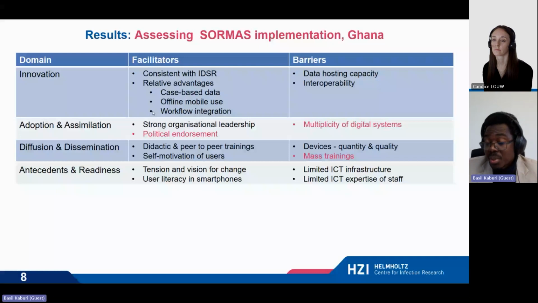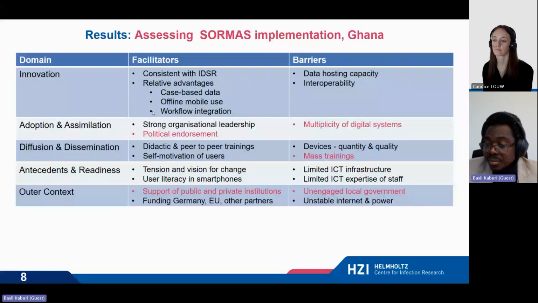And the workers themselves had always wanted to perform their tasks in a digital way, because they had ideas about how other countries in the advanced world were using digital systems. And these users were mostly very smart with smartphones, very literate. And so navigating and troubleshooting during the training wasn't a problem. So that facilitated the implementation. But once again, as a system, the Ghana Health Service had limited ICT infrastructure and, for that matter, the expertise.